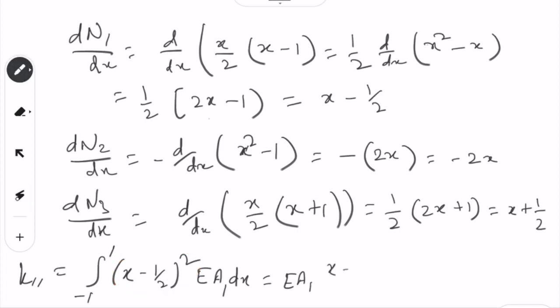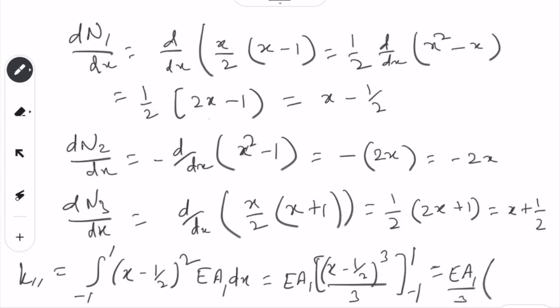So we get (x minus half) cube over 3 simply, going from -1 to 1, which equals EA1 over 3, and you put 1 first, so it becomes half to the power 3, and then minus the value at -1.